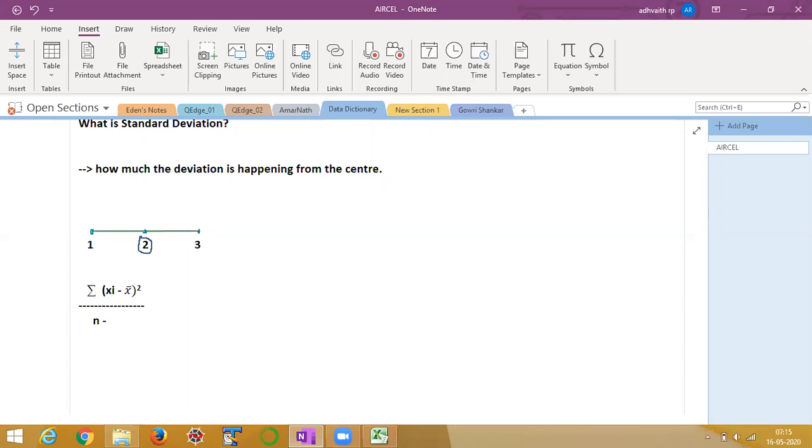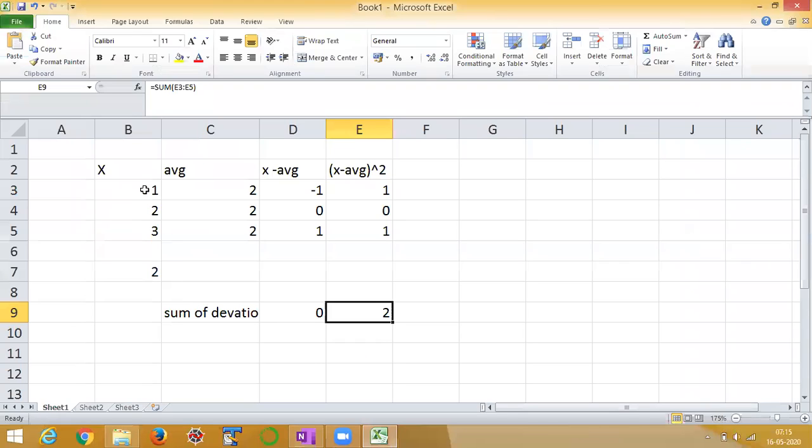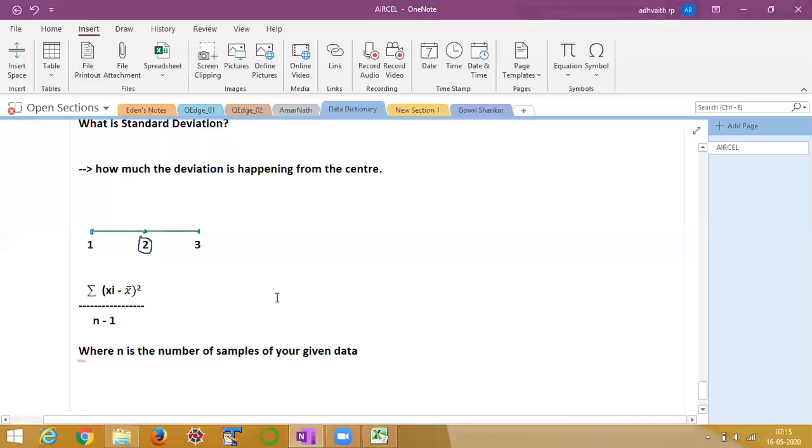N minus 1, where n is the number of samples in your given data. So here, how many samples have we taken? 3 values: 1, 2, 3. So that means we are going to take 3 minus 1.